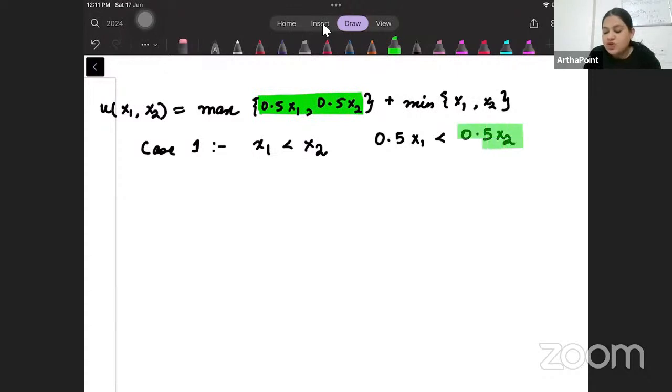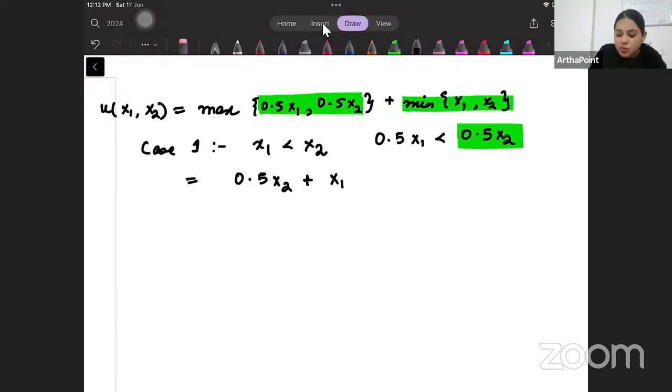Clearly 0.5 x2 will be more. So maximum will be 0.5 x2. And out of the two, what will be minimum? Clearly x1 will be minimum, since x1 is less than x2. So my utility function will be 0.5 x2 plus x1. When will this be my utility function? When x1 is less than x2.